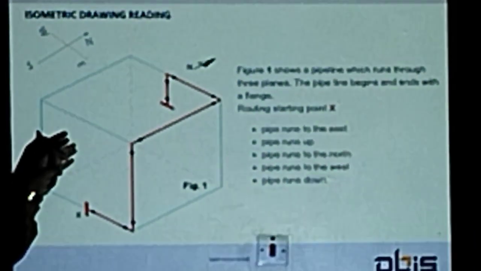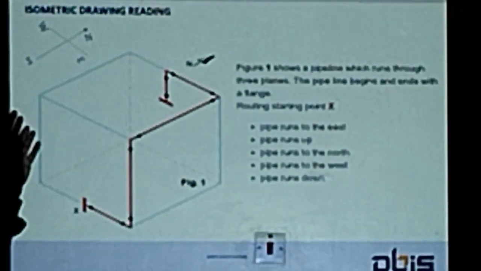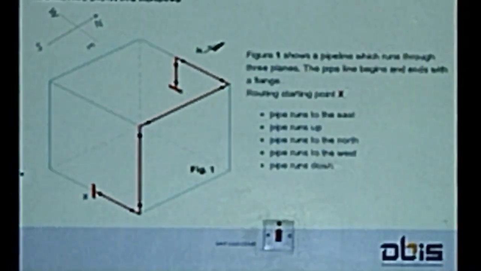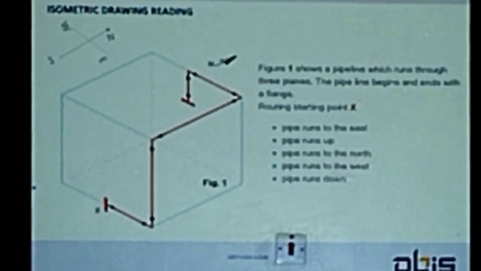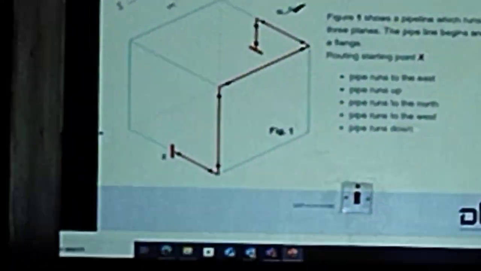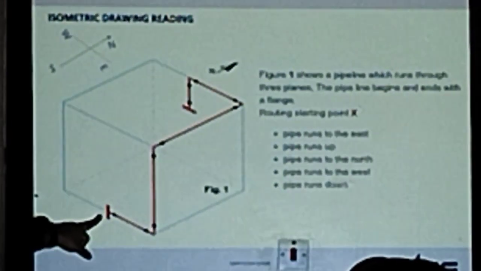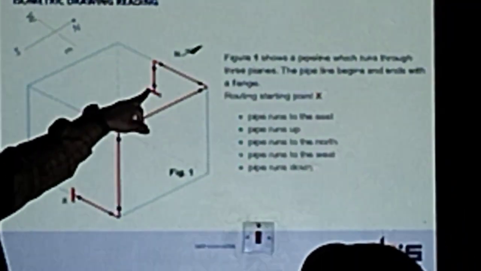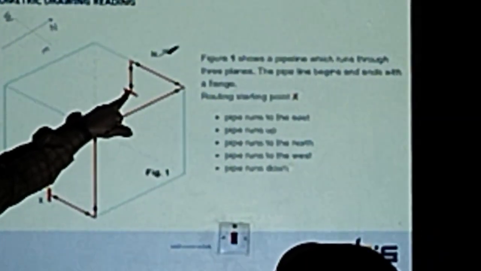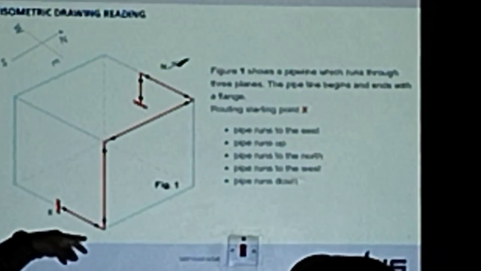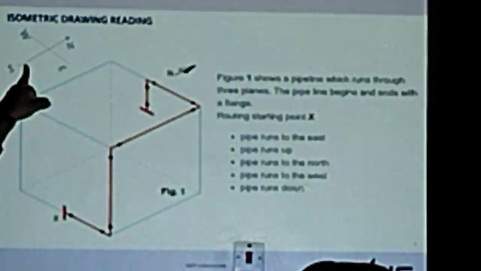Routing from which direction to which direction it is going. Before we go to the routing, these are called coordinates. Coordinates from here and ending here. Now we need to identify the direction as per the coordinates.